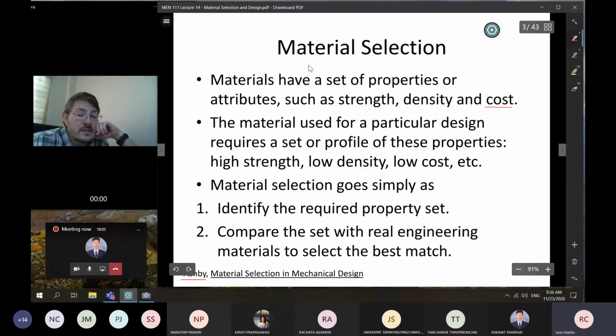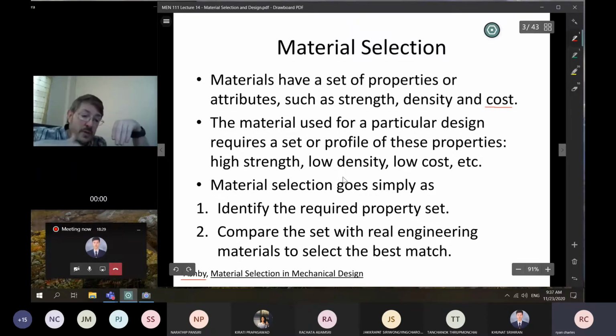The material that you use for a particular design requires a set or a profile, as Ashby would call them, a set or profile of these properties. We want high strength typically, we want low density, we want low cost. We have all of these properties and we're going to pick good from bad.